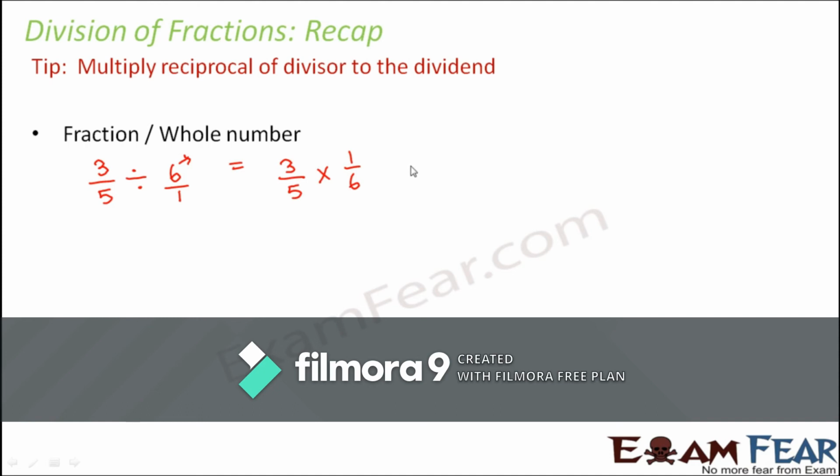So this becomes 1/6. Now you multiply normally. So 3 into 1 is 3, 5 into 6 is 30. 3 by 30 is a fraction which can be further reduced to its simple form, and the simple form is 1 by 10. Now you just try it yourself. How do we reduce to the simple form? Because we have already learned it.